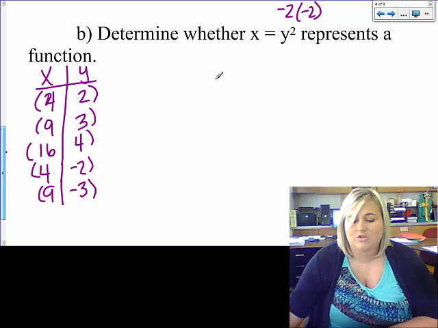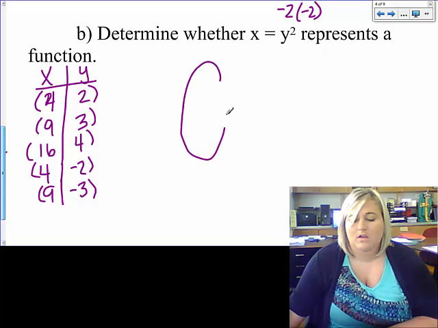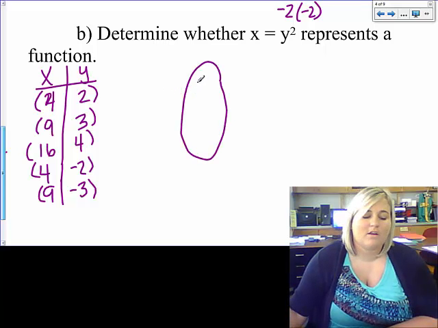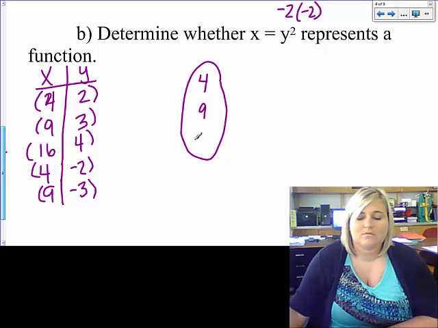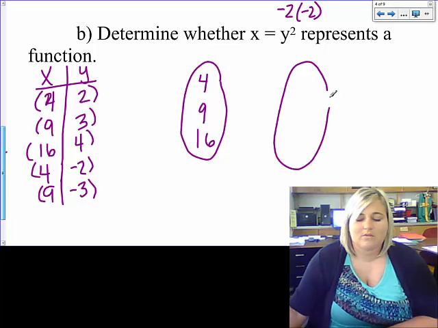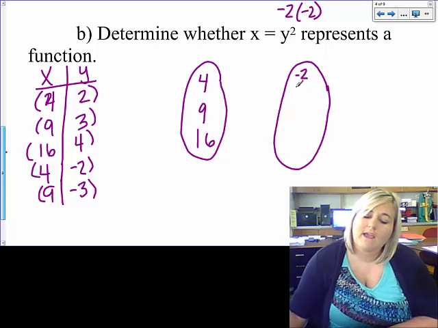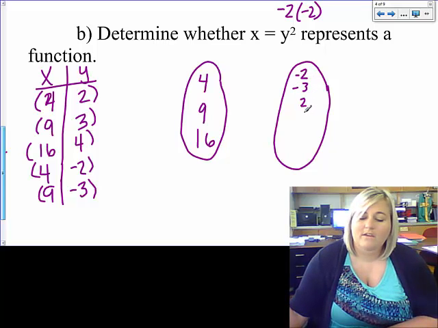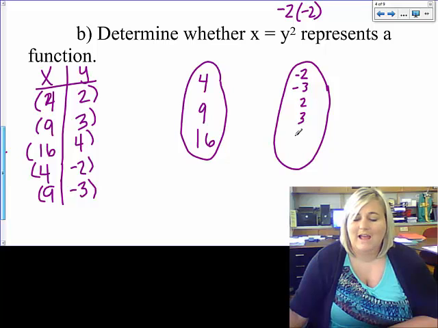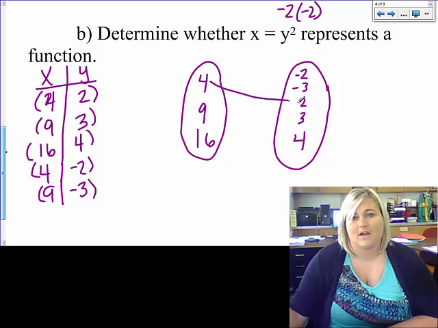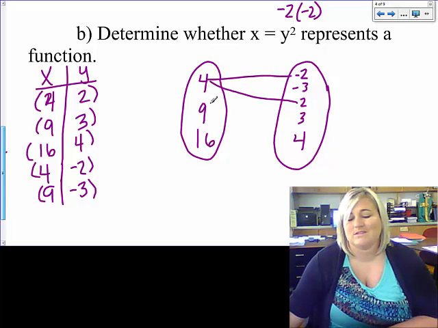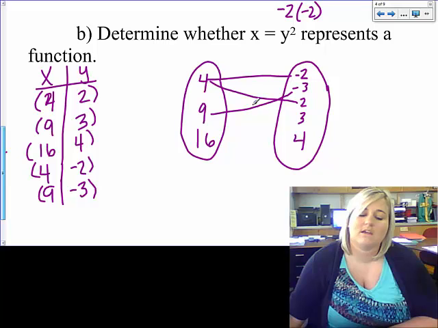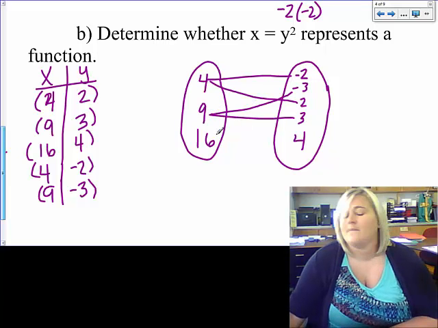So my first oval, I'm going to list 4, 9, and 16. And in my second oval, I have -2, I've got to go in order, -3, 2, 3, and 4. So I know that 4 goes with 2 and -2, that 9 goes with -3 and 3, and that 16 goes with 4.